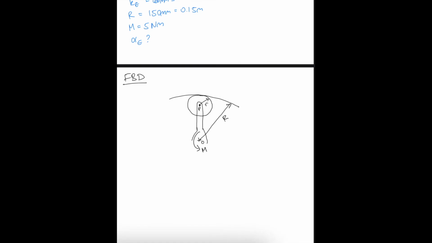The center of the gear is moving this way, and it's accelerating with alpha, so the tangential acceleration of the center is going this way.